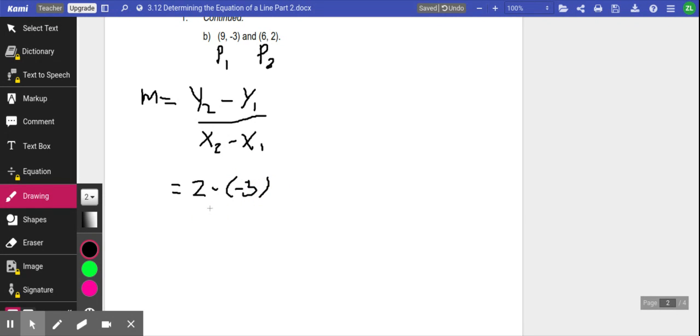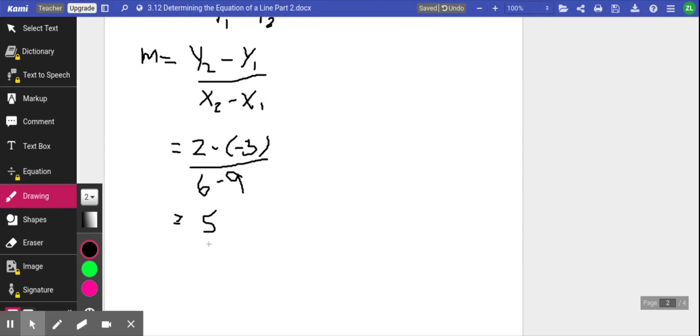Okay. And then we've got x2 being 6, and we subtract 9. So 2 subtract negative 3, so 2 negatives equal a positive, being 5. And then we know that 6 minus 9 being negative 3, and we move that negative sign to the top.